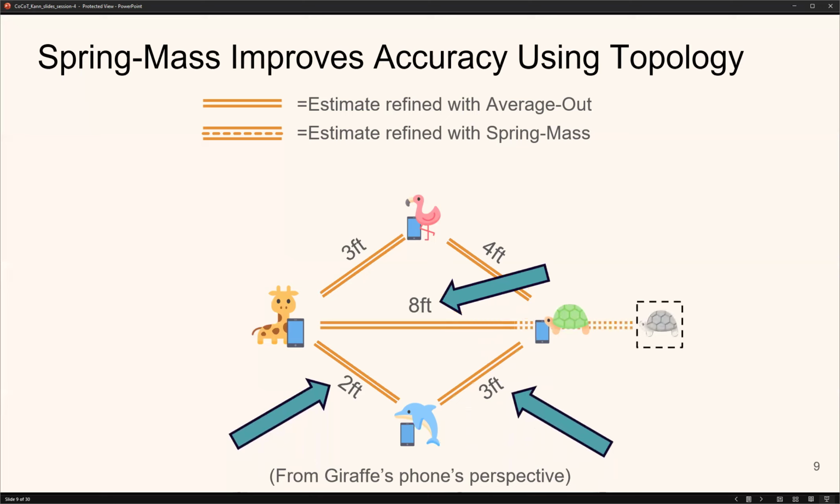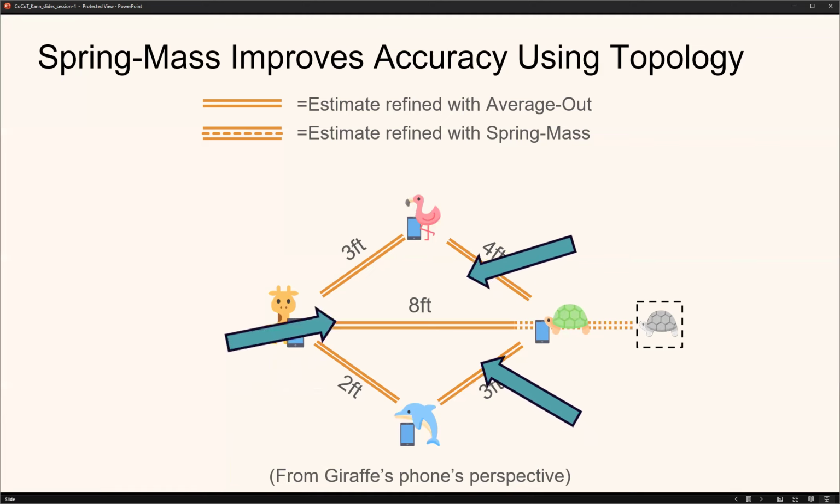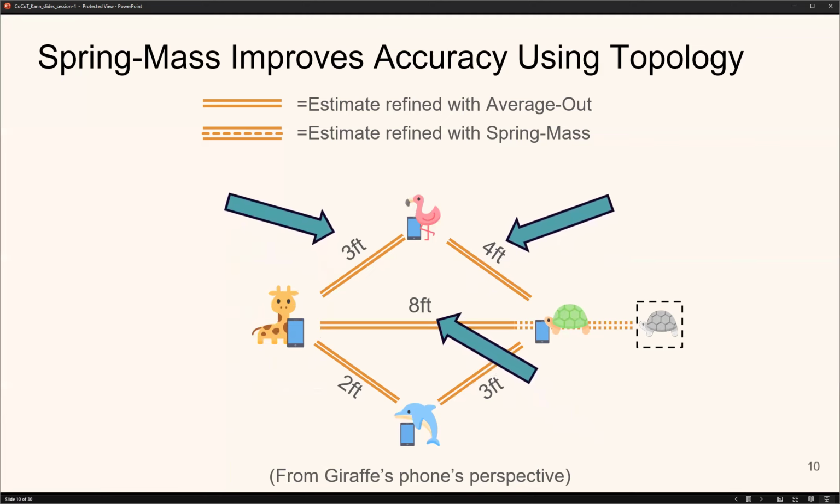For example, this triangle between the giraffe, turtle, and dolphin does not satisfy the triangle inequality. It can't be drawn on a Euclidean surface. These sides of 2 feet and 3 feet sum up to less than the side of 8 feet. And similarly, this giraffe, flamingo, turtle triangle has the same issue, where 2 sides are smaller than the 3rd side.